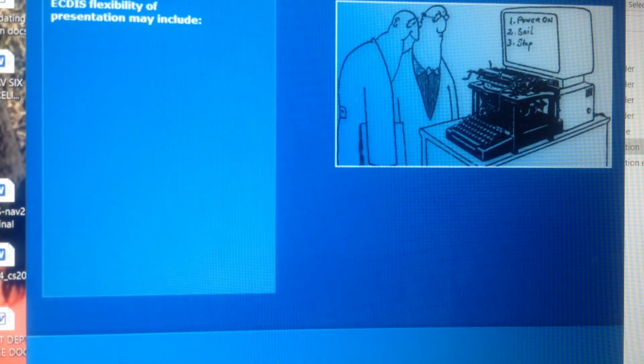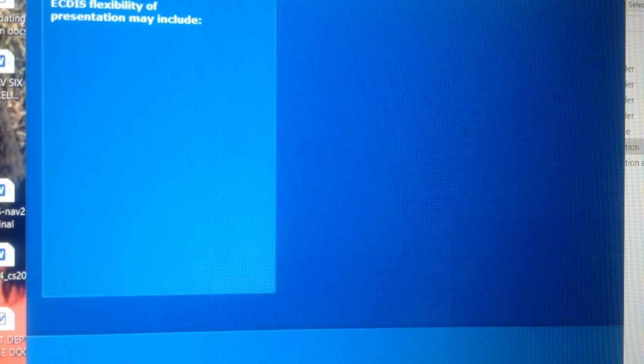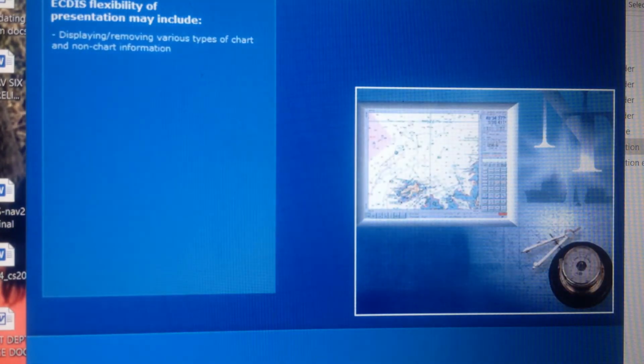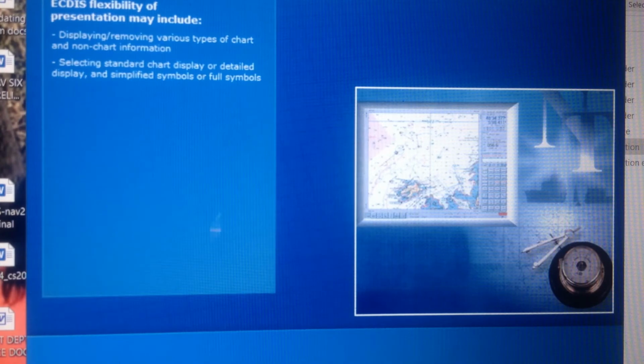ECDIS flexibility of presentation may include displaying, removing various types of chart and non-chart information, selecting standard chart display or detailed display, and simplified symbols or full symbols, using cursor interrogation for further details.